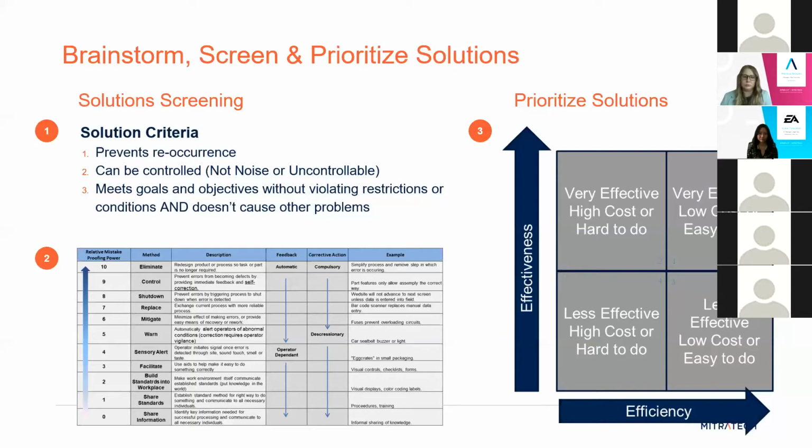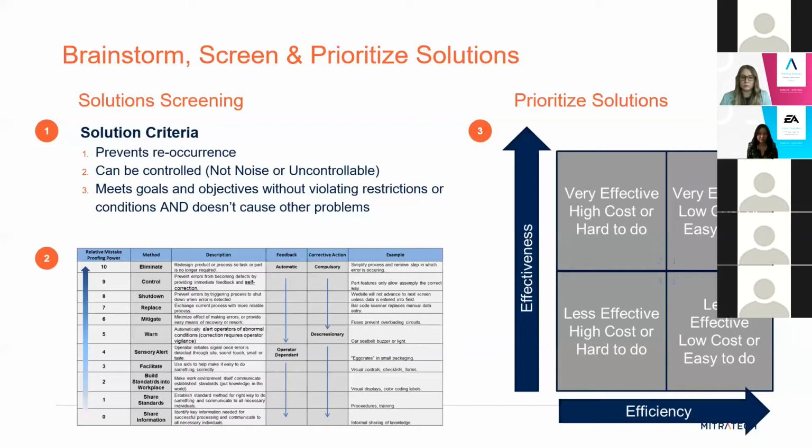And does it meet the goals and objectives without violating any restrictions our customer might have or causing other problems, right? And once they go through there, then what you generally see is there's a number of them that stay up there on the swim lane, and then a bunch of them will float down to the next area, right?